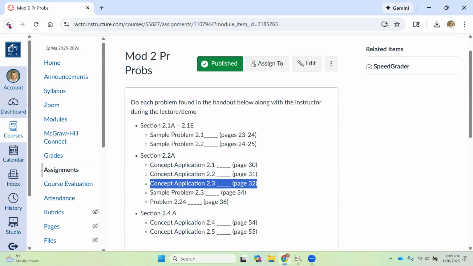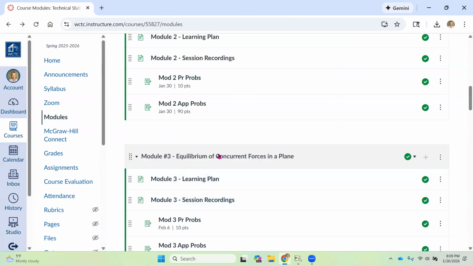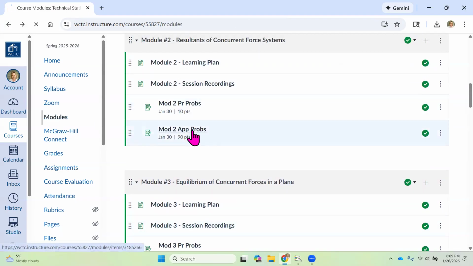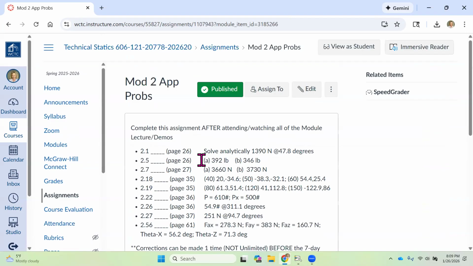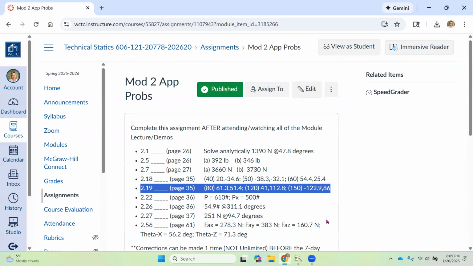Right now, you would be ready to get started on some of your problems. So if we look at the Module 2 application problems, the problems that you will be ready for are through 2.19. So the first half here, so 2.1, 2.5, 2.7, and 2.18.